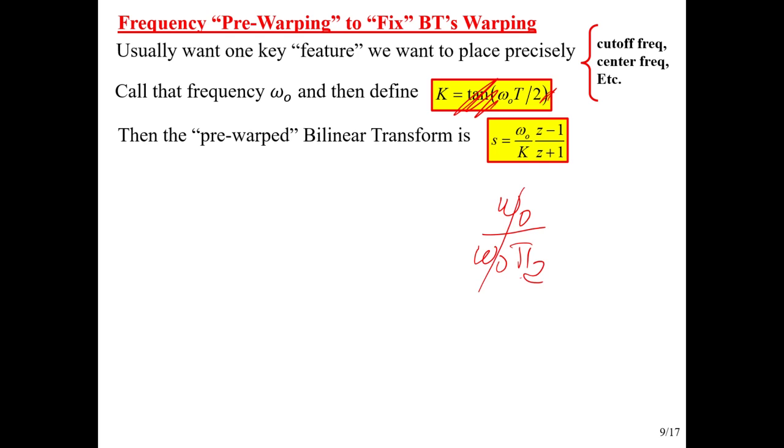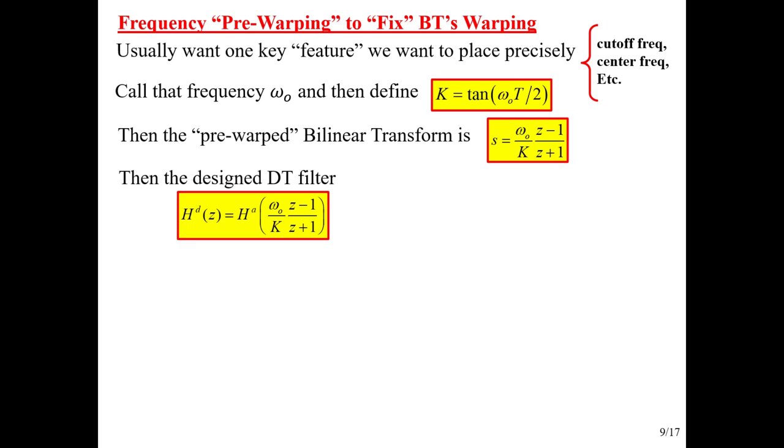And the omega zeros cancel, and you end up with 2 over T, which is what you would need to have. So that's why this works the way that it does. It reduces down to the original bilinear transform when you don't put the tangent in there. So that's a nice way to think about it.